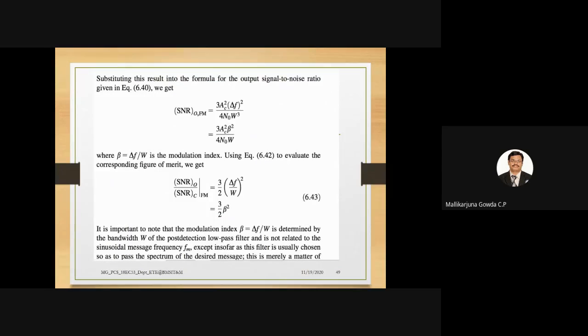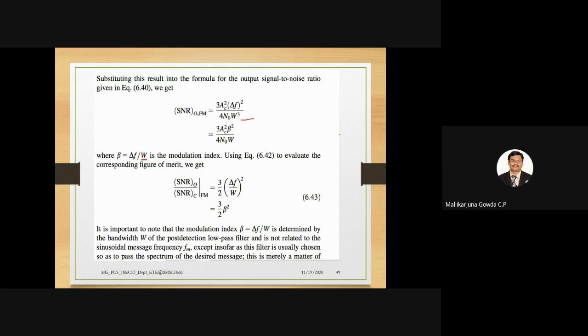you'll get the expression like this. Then we know what to substitute for beta. Beta is nothing but delta f by fm, and here fm is W, the message bandwidth. If I substitute beta in place of delta f by W, then delta f squared and W squared I can write as beta squared.